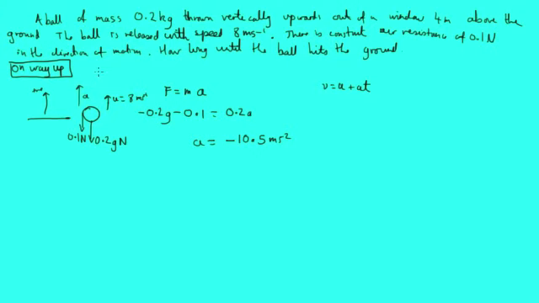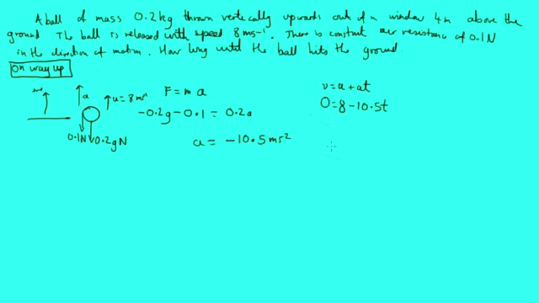So where this velocity is 0, the final velocity is going to be 0. Then we've got the initial velocity of 8, and we've got negative acceleration 10.5, and then some time t.